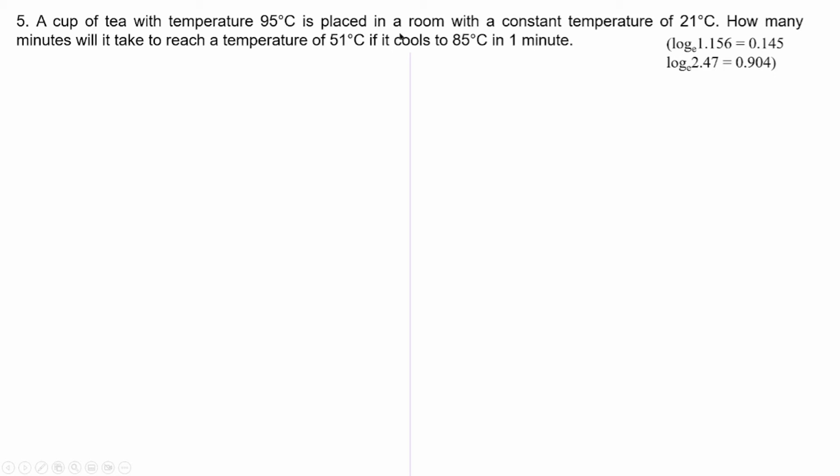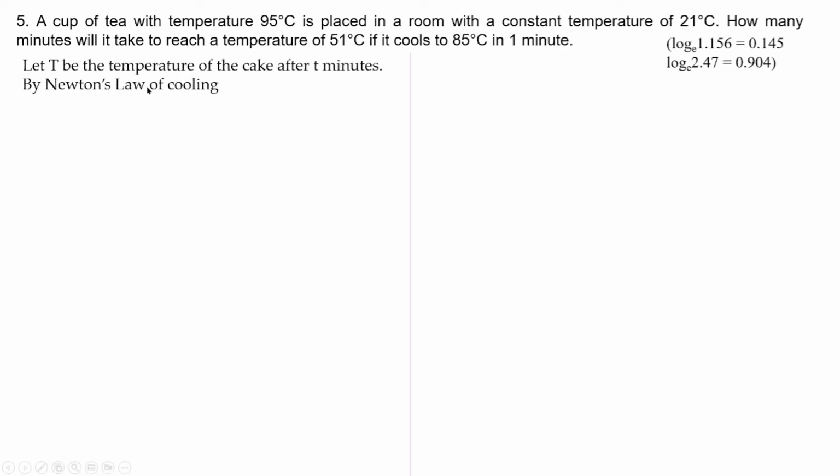It is placed in a room with constant temperature. So the surrounding temperature or the room temperature is 21 degrees Celsius. We need to find the time it will take to reach 51 degrees Celsius if it reaches 85 degrees Celsius in 1 minute. So this is the condition which is given. We have to find the time it will take to reach 51 degrees Celsius.